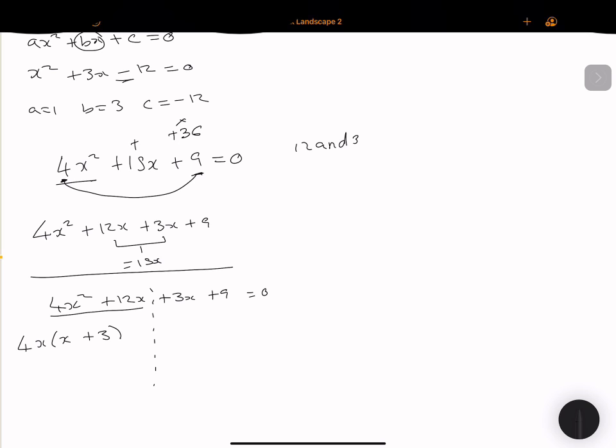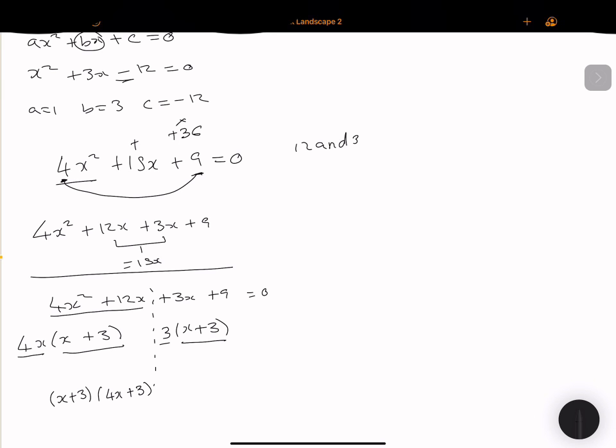Now here we've got a factor of 3, and that's it. So x plus 3. Now what you'll notice is these two brackets will be the same. Okay, so that's your first bracket, and then your second bracket is going to be a mixture of that and that. So it's going to be 4x plus 3.